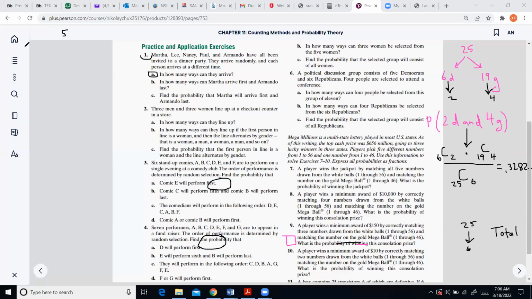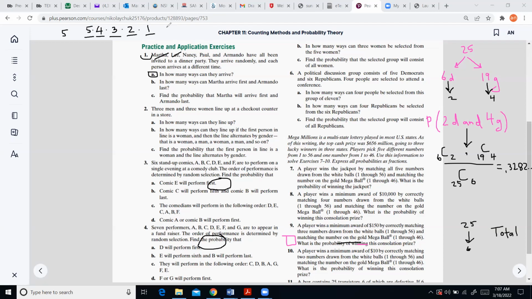Some people will say anyone could be in the first position, 5 choices. And then once, let's say Martha came first, then anyone from the remaining 4 could be in the next position. Let's say Lee came second, and then the remaining 3 choices for the next position, then the remaining 2, and then the remaining 1. So 'and' means times.